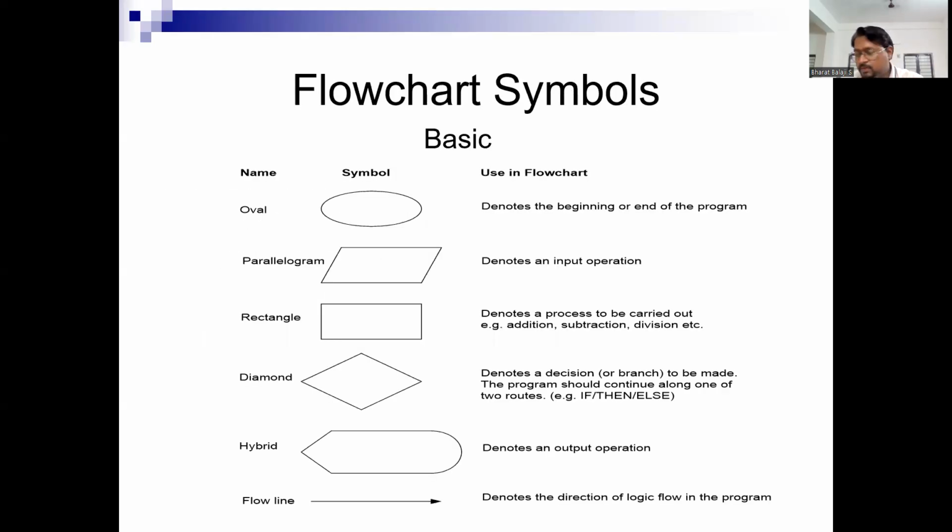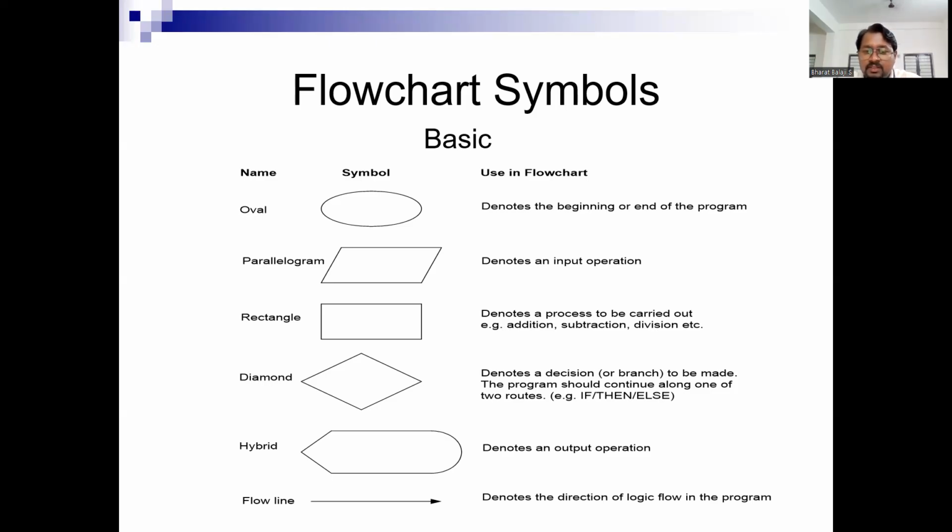So these are the different basic symbols present in the flowchart. We use an oval, parallelogram, rectangle, diamond, hybrid, and the flow line, that is the arrow mark, which represents the flow line. The oval denotes the beginning and ending of the program.